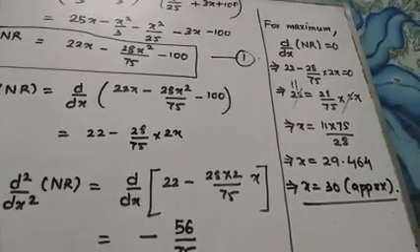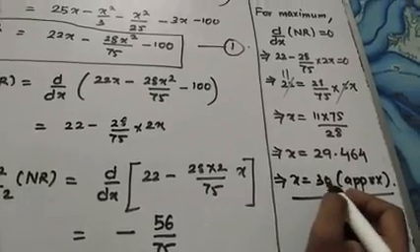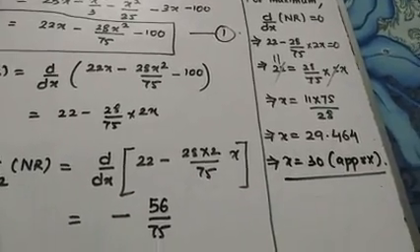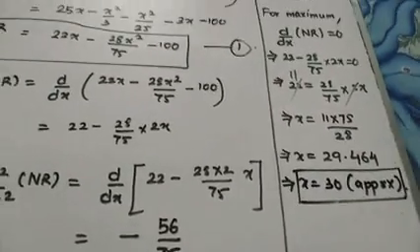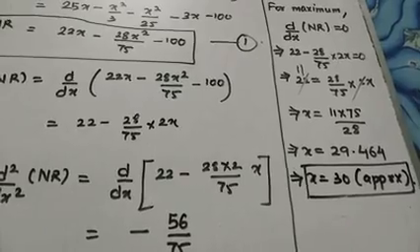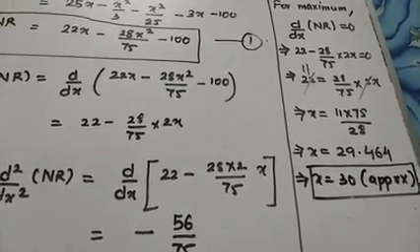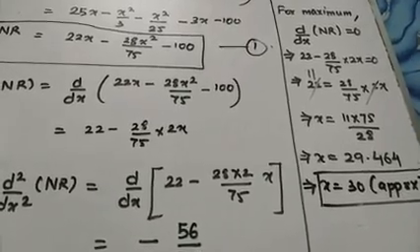And next what we have to find, so we have to find the level of output, that means at which level the maximum net revenue will occur. This is one part. And the another part was the last part, what is the monopoly price? That means you have to find the price. Now if you remember, there is only one relation in this question regarding price and output.